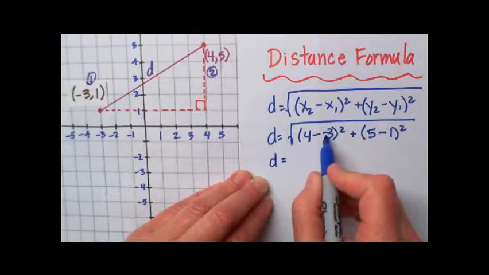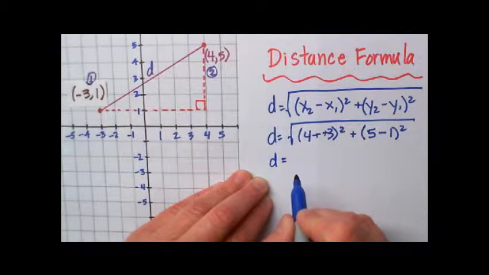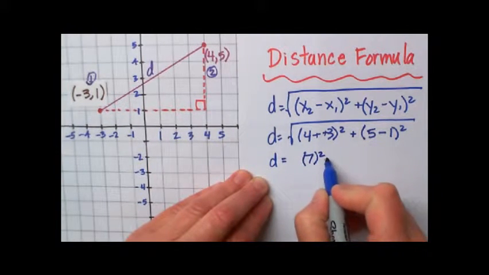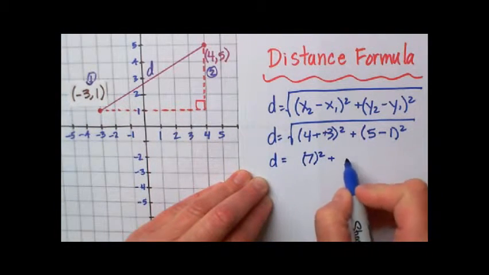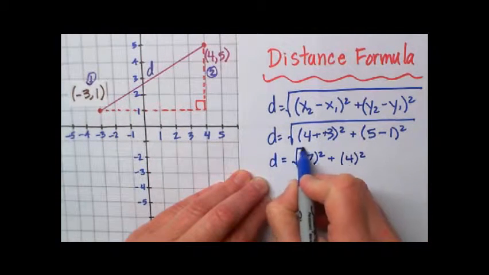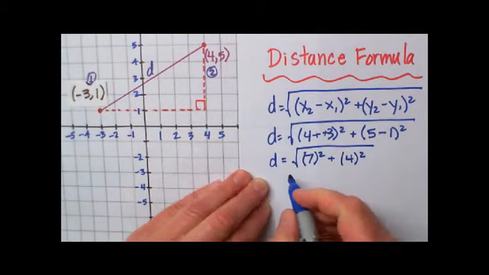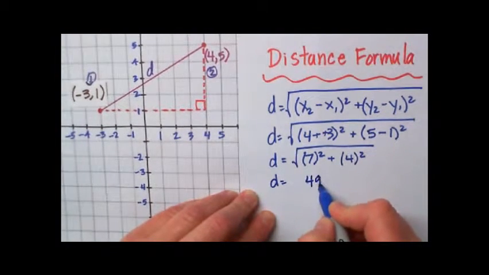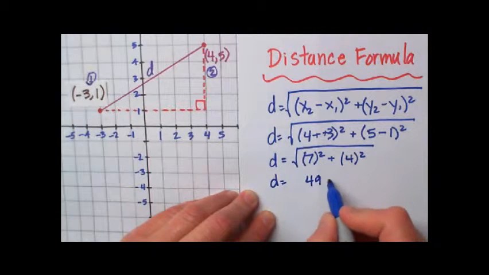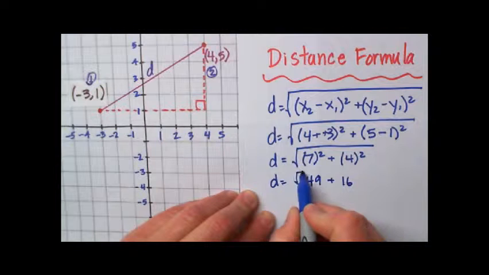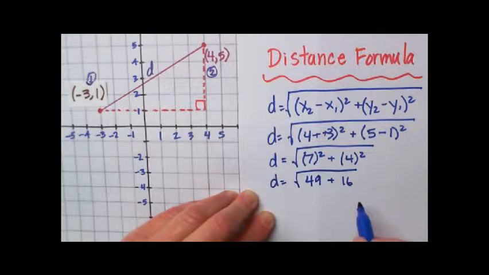4 minus a -3 is equal to 7. So I've got 7 squared. 5 minus 1 is 4, and we'll square that. All of it's still under the radical. So now I have 49 from the 7 squared plus 16 from the 4 squared, all under the radical.